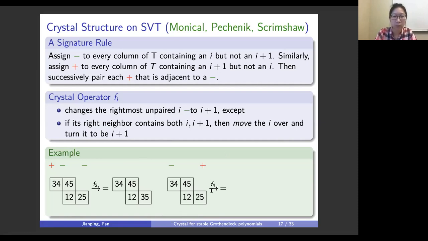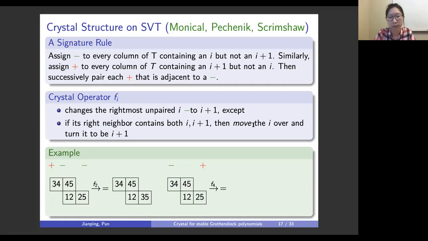When we do F4, we put a minus for the 4, put a plus for the 5, and nothing gets paired because there's no plus to the left of the minus. The crystal operator wants to change the rightmost unpaired i to an i plus 1, meaning change this 4 into a 5. But if we do that, this would not be semistandard.